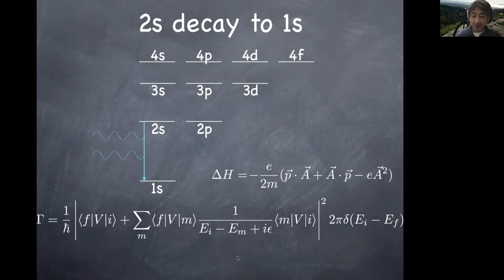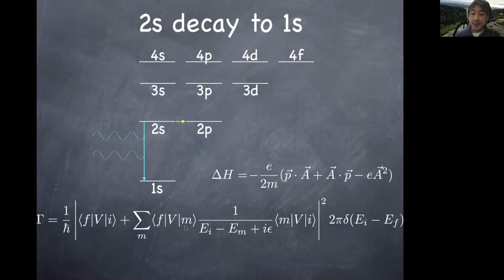All right, so we finally apply this to this 2s decay. In order to do so, I have to go from this initial state with this interaction Hamiltonian to the intermediate state with energy denominator and come back to the 1s state. And we know that to get to the 1s state, this causes a dipole transition.